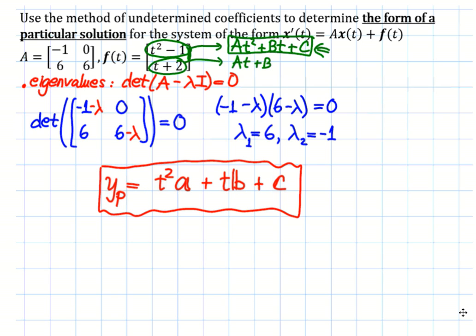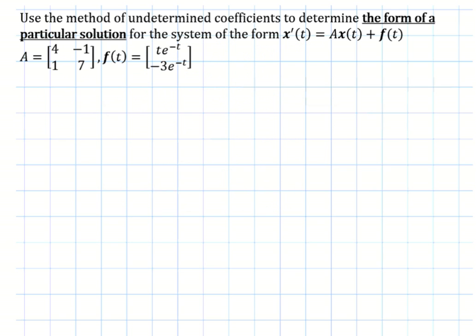We have a similar problem here. Again, first we find the eigenvalues to see if there's any redundancy with the input function on the right hand side. Right, eigenvalues.